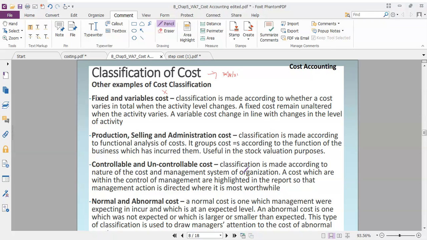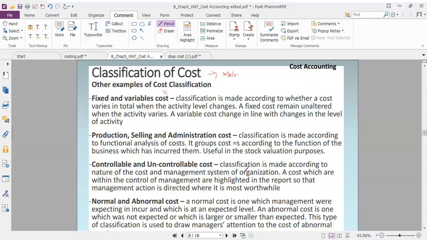Costs which are within the control of management are highlighted in the report so that management action is directed where it is most worthwhile. Okay, controllable ni maksudnya based on this normal condition sesuatu cost tersebut kita boleh control. Kalau uncontrollable ni maksudnya cost yang kita tak boleh nak control.